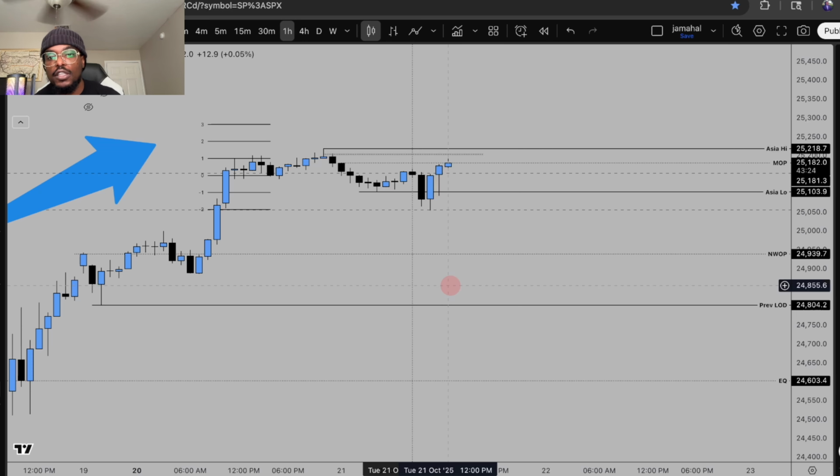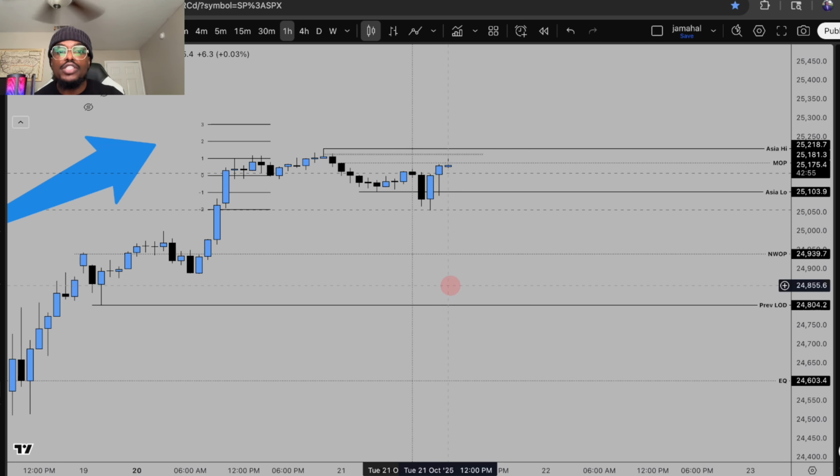Me specifically, when I'm trading the NASDAQ market, if the central bank dealers range between 2 p.m. Eastern and 8 p.m. Eastern is less than 70 points, I'm going to incorporate the central bank dealers range. If it's above 70 points, I'm not going to worry about it, and I'm going to trade the way I normally trade.